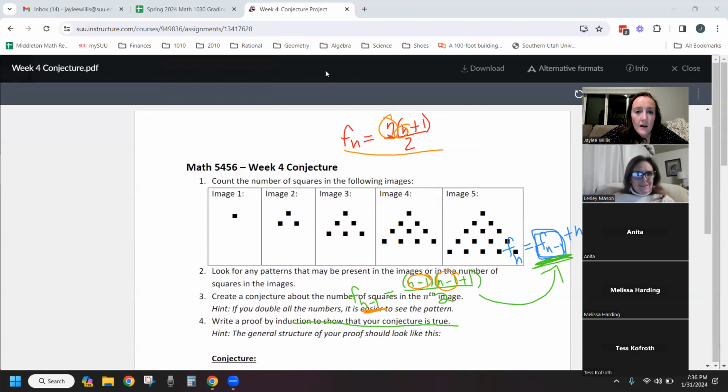Sorry about that. So we talked about how to get from image 1 to image 2, you add 2, then to get from image 2 to image 3, you add 3 squares, and to get from image 3 to image 4, you add 4 squares. So that's where the blue one came from: observing the pattern that you always take the previous one and add whatever image number you're on.